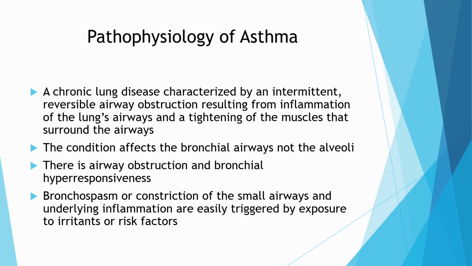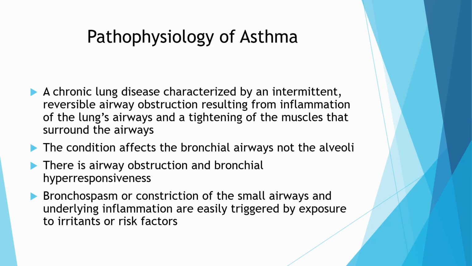So, the pathophysiology of asthma is that it is a chronic lung disease characterized by intermittent, reversible airway obstruction resulting from inflammation of the lungs' airways and a tightening of the muscles that surround those airways. The condition will affect the bronchial airways, not the alveoli. So there is nothing wrong with the gas exchange.